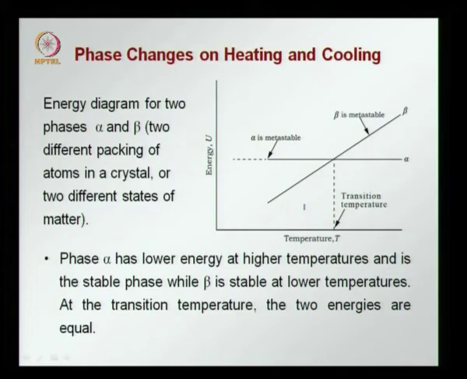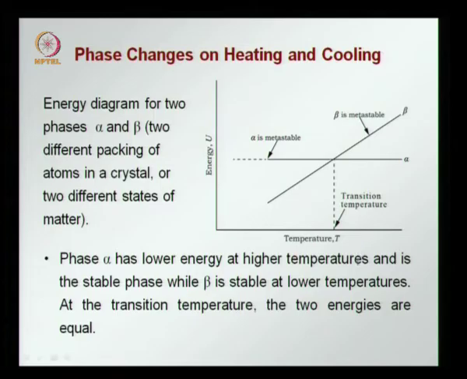The change of phases as a function of temperature is governed by phase equilibrium. We see here a simple case of an energy diagram. On the y axis we have the energy of the system, and on the x axis we have temperature. This is an energy diagram for two phases, alpha and beta.